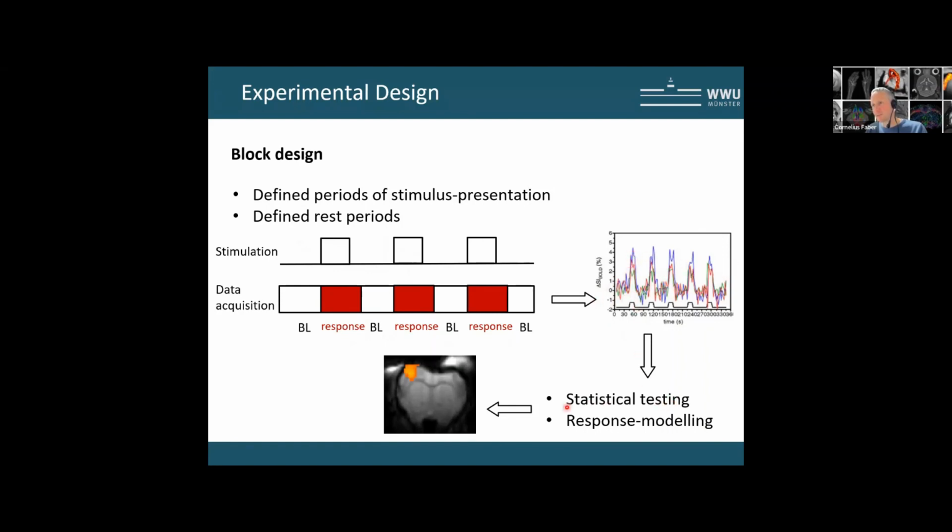Then you can do some statistical testing and see where in the brain the signal follows your stimulus pattern. For example, if you were in the MR scanner now and did an MRI scan, you would see that your auditory cortex is active because you listen to me. And probably if you look at the screen, your visual cortex would also be active.